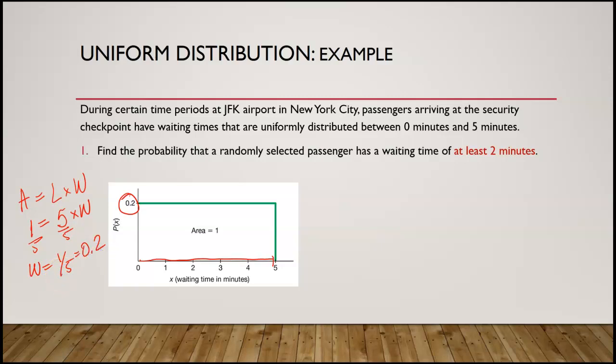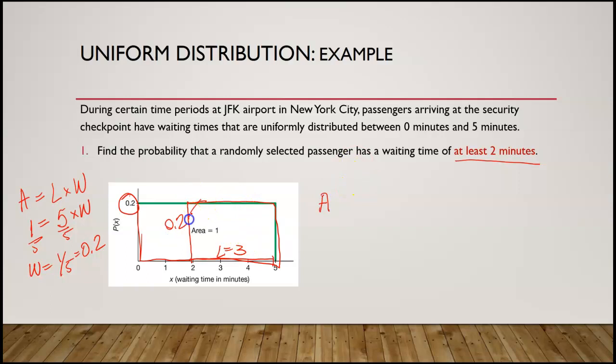Now let's answer the question and find the probability of a randomly selected passenger waiting time to be at least 2 minutes. At least 2 minutes means 2 or 3 or 4 or 5. So the rectangle that we will consider for the calculations will have a length of 1, 2, 3 and width that is equal to 0.2.